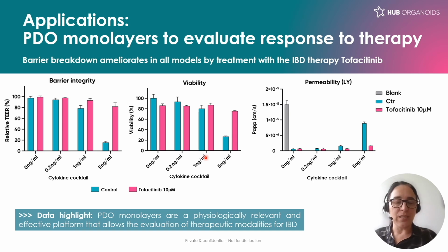So if other types of compounds are developed that try to protect barrier integrity, viability, or permeability of the monolayer, we believe we already have a quite robust assay setup to assess the activity of these compounds. And we're quite excited because we have seen recent publications also showing a correlation between organoid response to tofacitinib and clinical response in IBD patients.